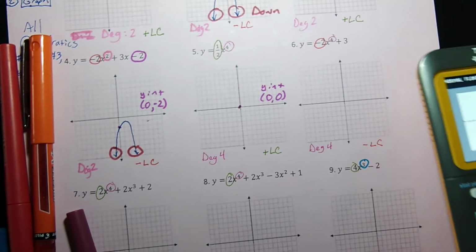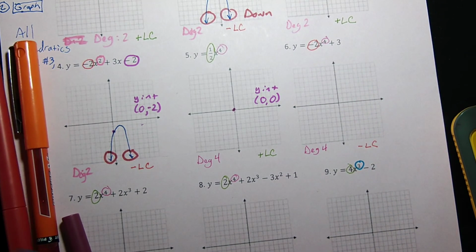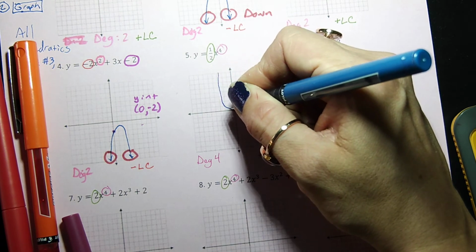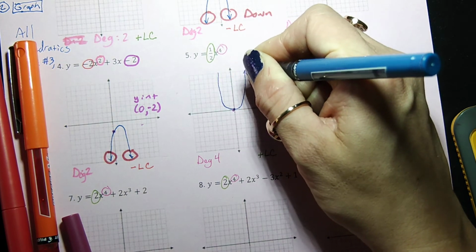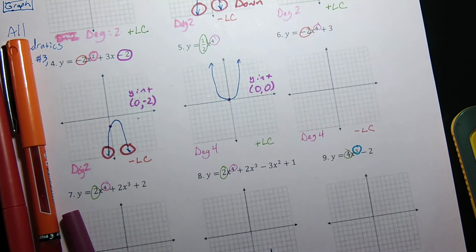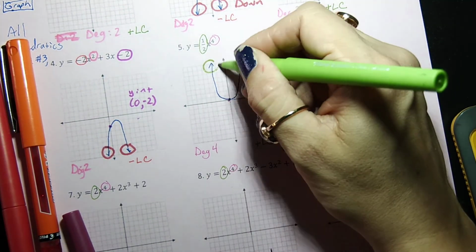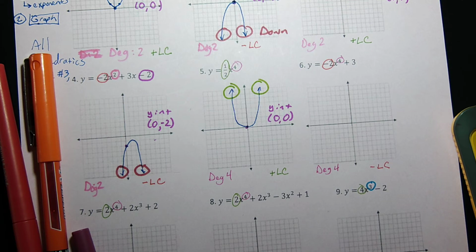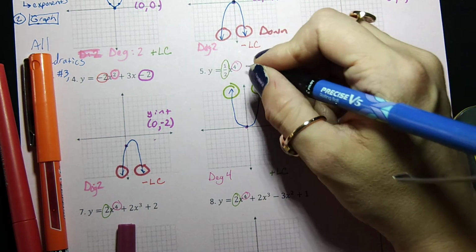And then I get this kind of wide U with arrows going up. So it kind of looks quadratic-ish, but by definition, this is not a quadratic.